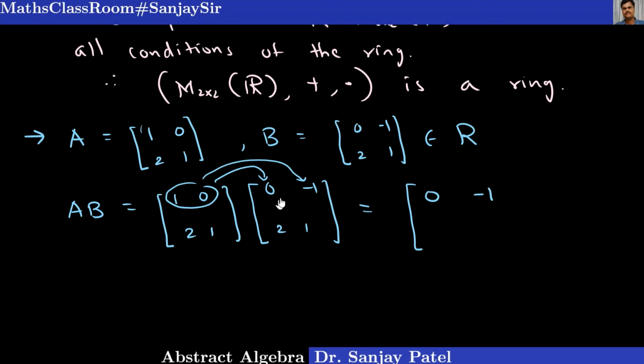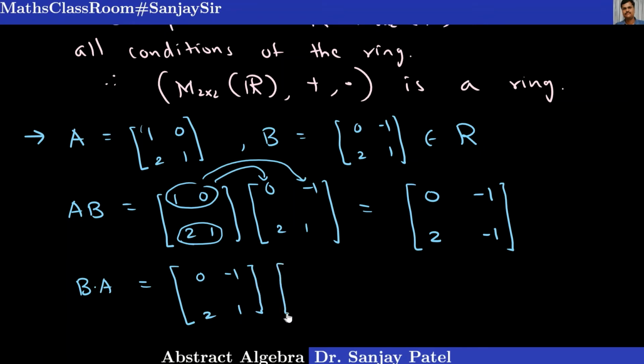Then 2 into 0 plus 1 into 2, taking the second row, which is 2. And 2 into minus 1 plus 1 is minus 1. So this is the value of A into B. For B into A, we must write B first. Order is important, as you know, in matrix multiplication.